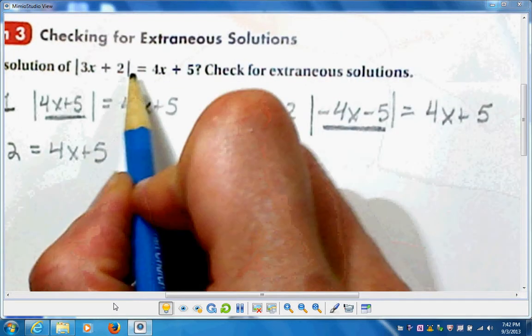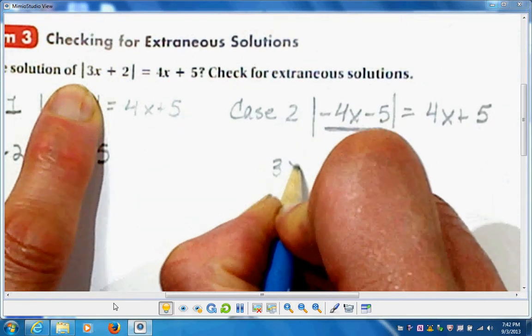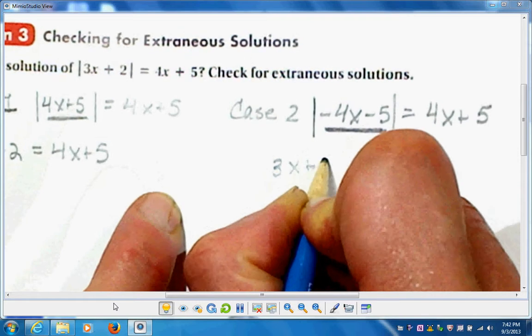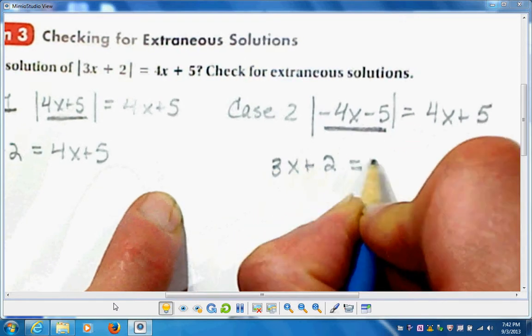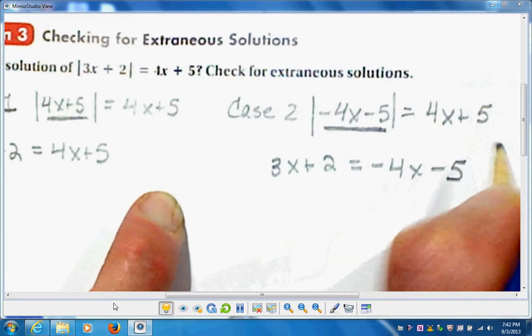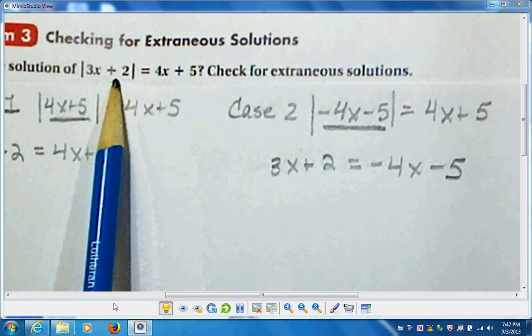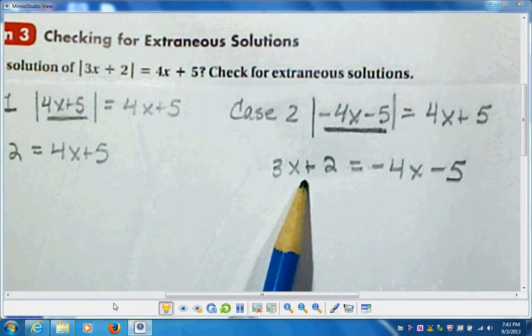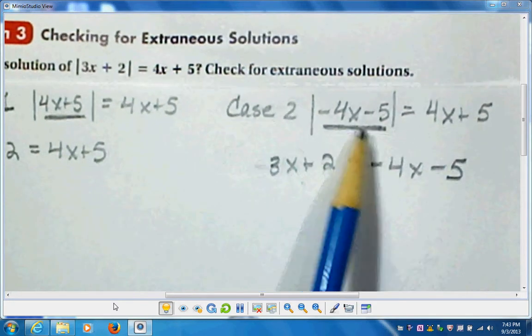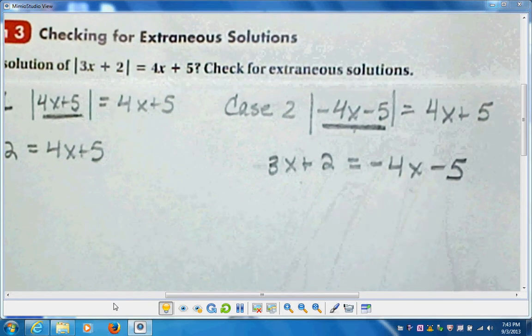Sorry, that means that 3x plus 2 has to equal negative 4x minus 5. Okay? Because this is inside the absolute value, that comes here. This is inside the absolute value, that comes here. So that means we have our two cases set up.